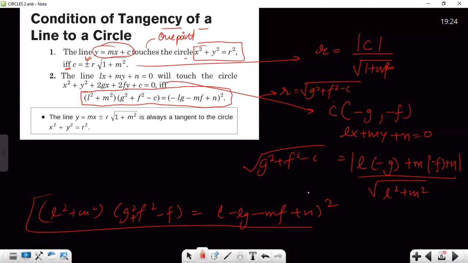So this becomes the condition. This has come out from the same concept only. These are two conditions. This time the equation of the circle was given in a general format, whereas before the center was at the origin in a very simple format. You don't have to remember it. Just remember the concept. Very important.